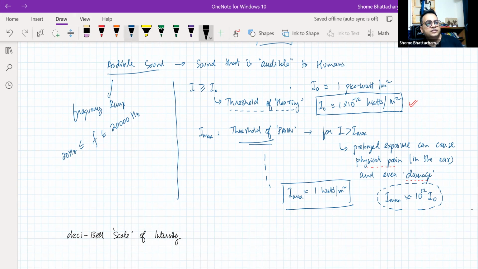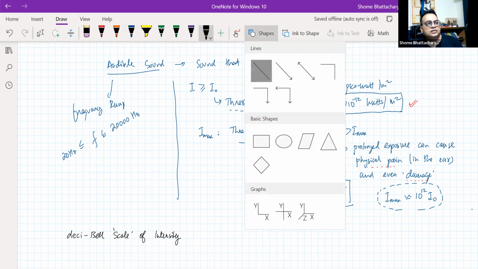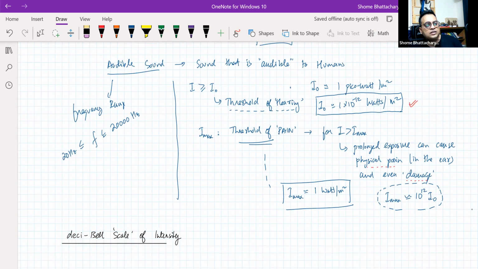It is just a different mathematical way of expressing the intensity using a logarithmic system. So it is a logarithmic system or scale for measurement of intensity.